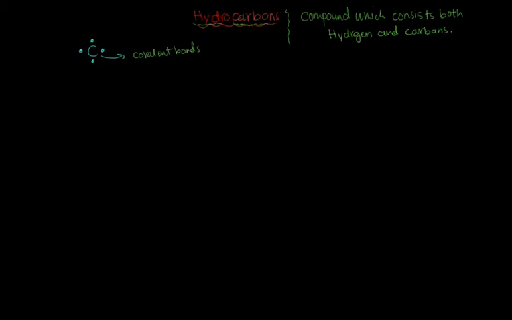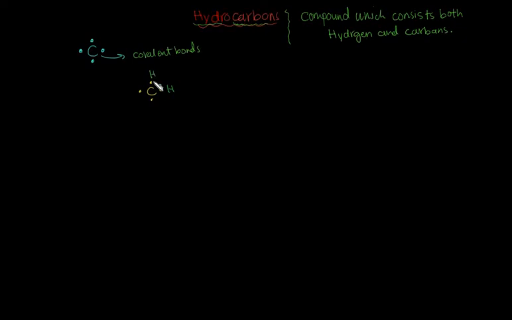Alright, so let's just have an example of it. This is my carbon, and these are 4 valence electrons, and here we will have the hydrogen and its valence electron.